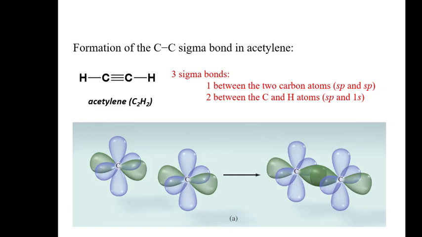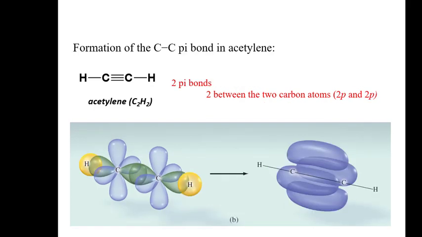You have the sigma bond, the first bond, the single bond, formed between the two carbons. And then you see how you have two of those blue orbitals that are perpendicular. At that point, you can overlap them both. And then you have two pi bonds. So at this point, a triple bond is one sigma bond and two pi bonds. So that is all for today.